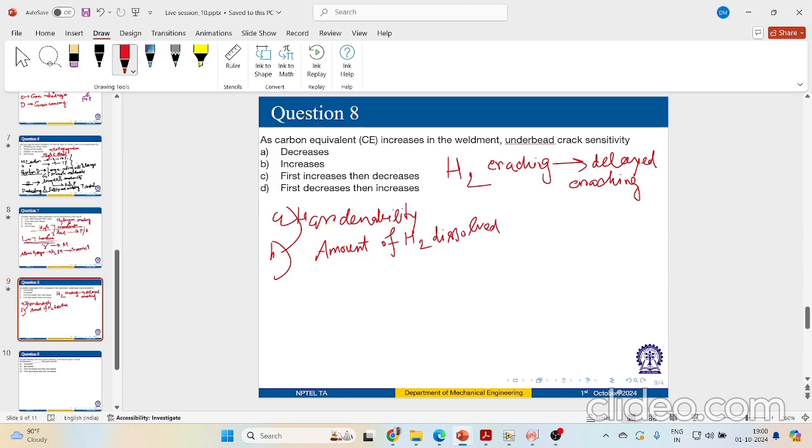What else? Residual stress also. The magnitude of your residual stress will also affect the delay in your cracking period.